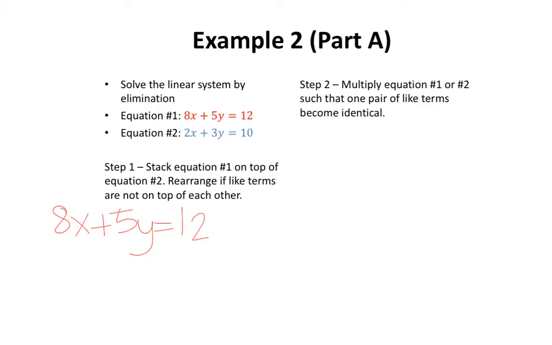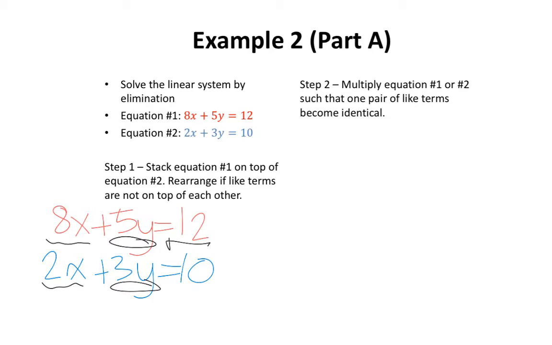And underneath it, I'm going to write 2x plus 3y equals 10. As you can see, 8x and 2x are like terms, positive 5y and positive 3y are like terms, and 12 and 10 are like terms. And they are stacked on top of one another, which is what I want.